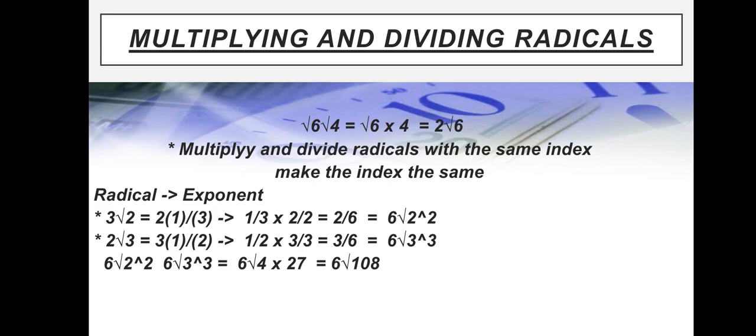Square root of 3 is equal to 3 to the 1 over 2, which is equal to 3 to the 3 over 6, so the sixth root of 3 cubed. So the sixth root of 2 squared times the sixth root of 3 cubed is equal to the sixth root of 4 times 27, which equals the sixth root of 108.